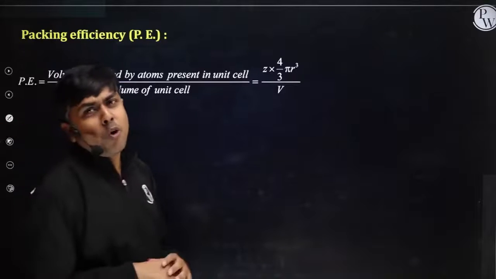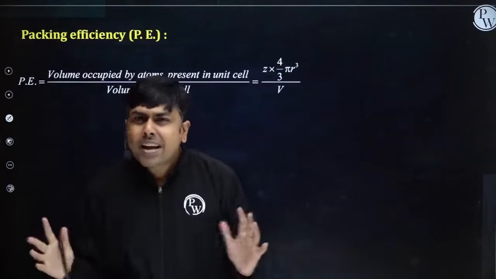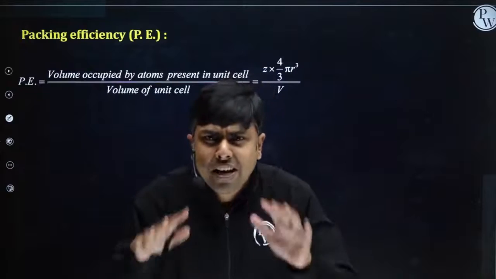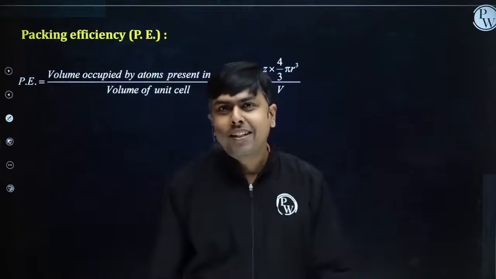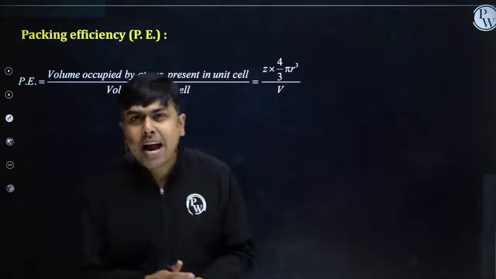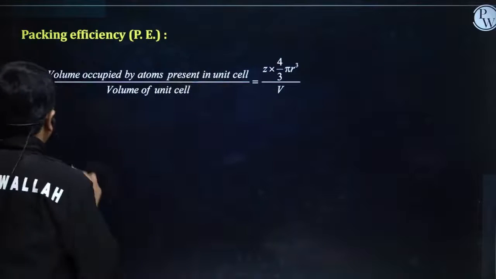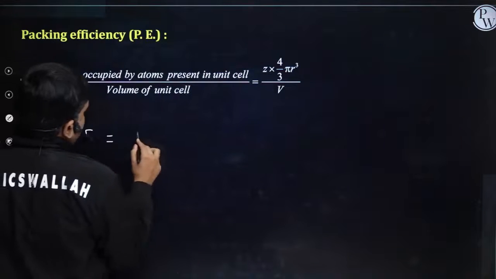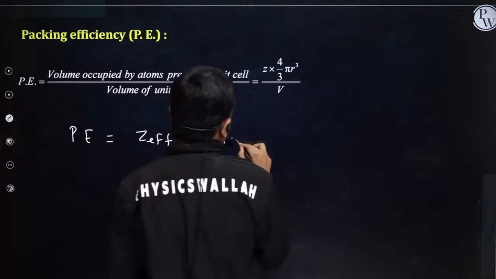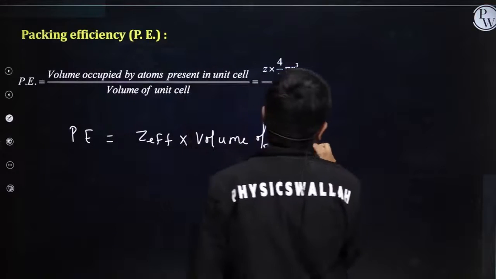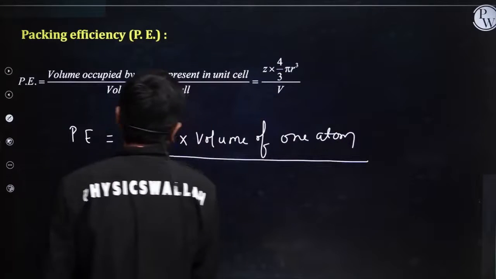Packing efficiency. How do we calculate the packing efficiency of a particular unit cell? Packing efficiency is the ratio of the volume occupied by atoms to the volume of the unit cell. So can I write packing efficiency is Z effective into volume of one atom, upon volume of unit cell.